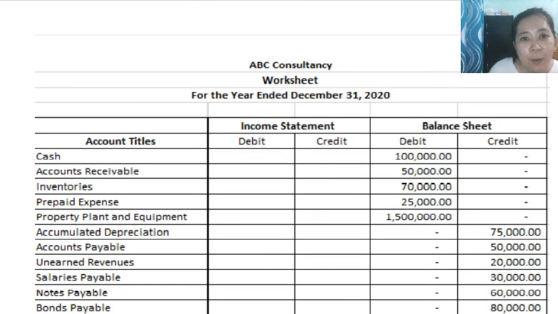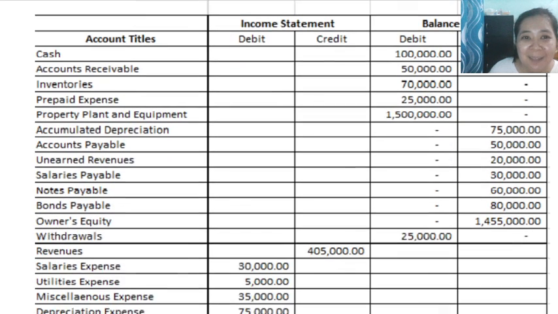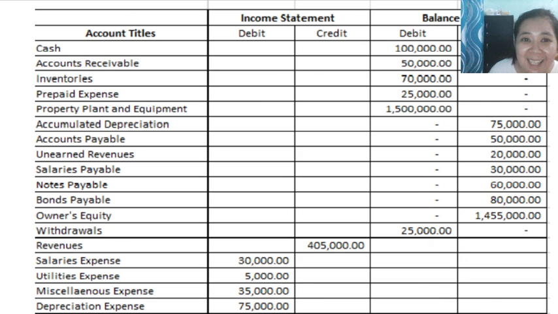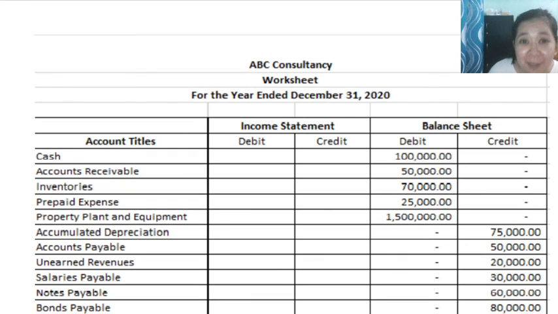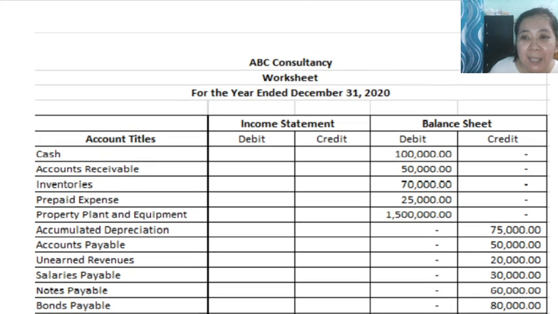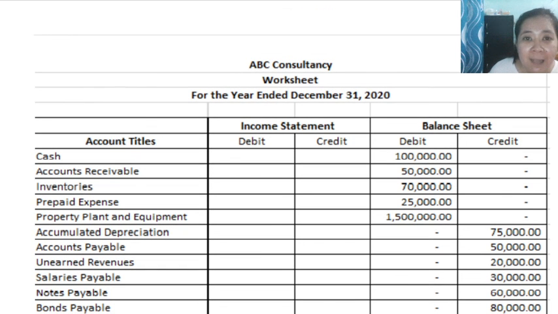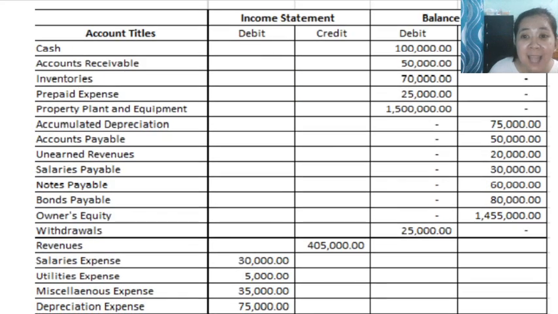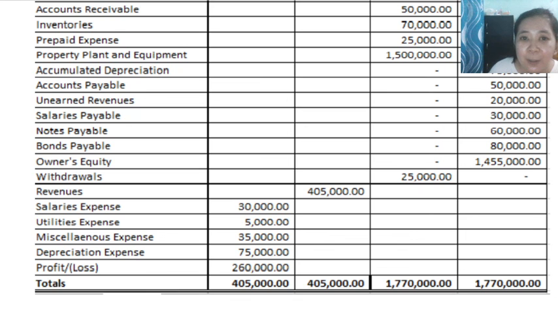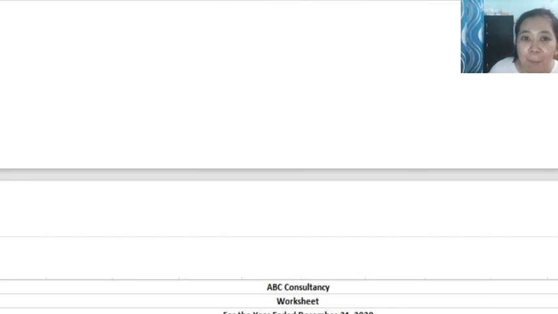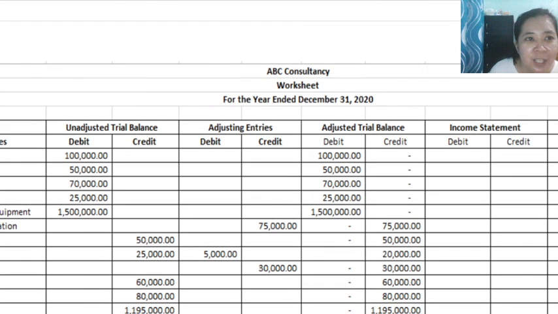For the last columns, the balance sheet, whatever accounts and balances were not forwarded to the income statement will belong to the balance sheet. For the balance sheet, what we forward are our assets, liabilities, and equity accounts. Make sure also that your balances for debit and credit are equal. So that's our accounting worksheet.